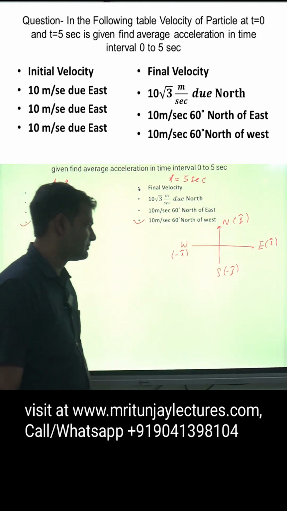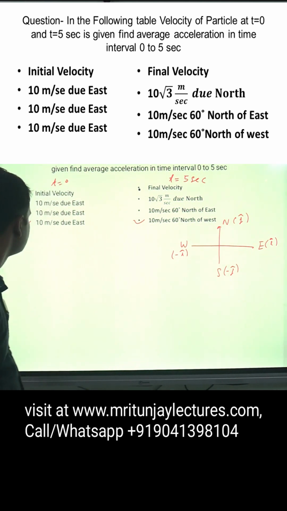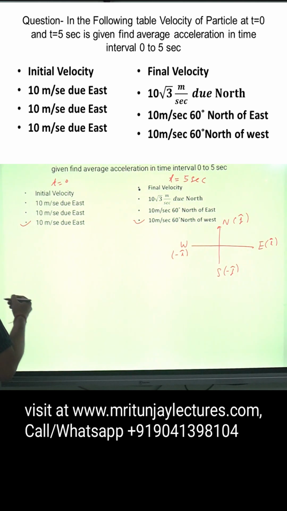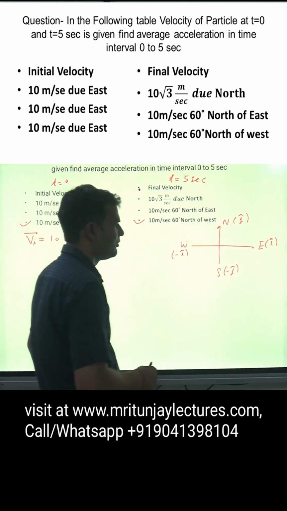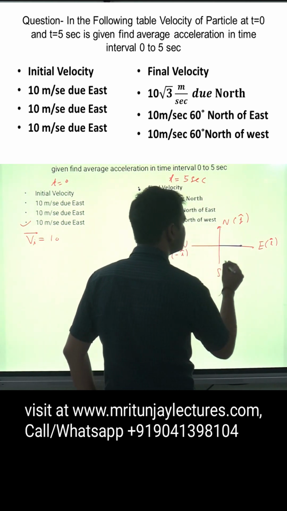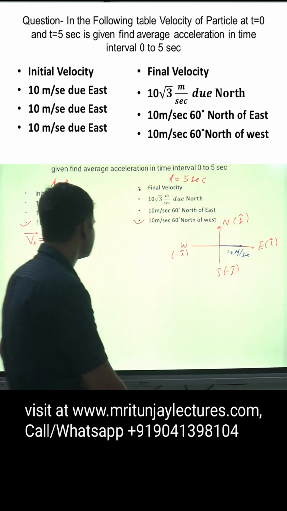Now next target is, according to the question, 10 meter per second due east. Initial velocity is written as Vi. This is equal to 10 meter per second, due east means whatever direction. Clear? 10 meter per second simply.